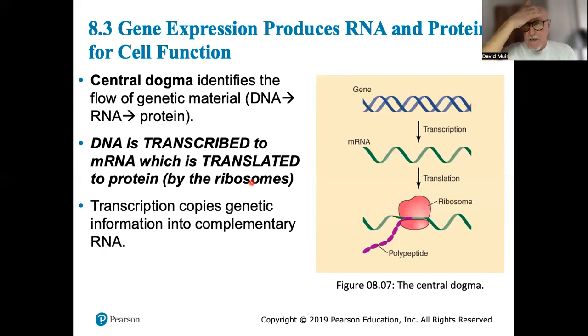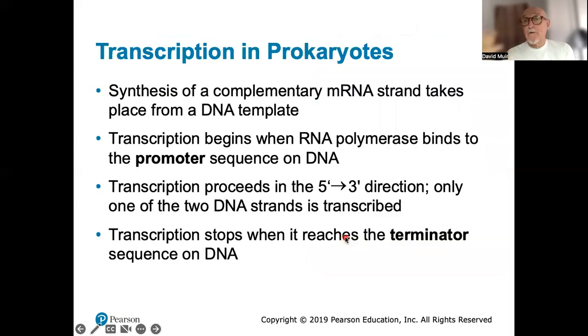So what this is going to do is take genetic information lodged in the DNA and make it functional inside the cell. All of that requires these intermediary molecules: messenger RNA, and transfer RNA, which is going to bring in amino acids and eventually end up producing the polypeptide, which will form the protein.